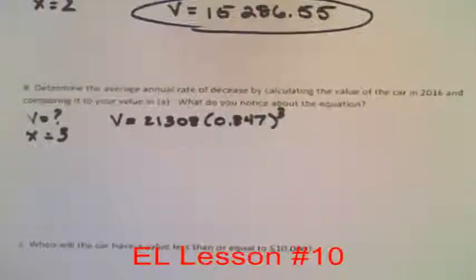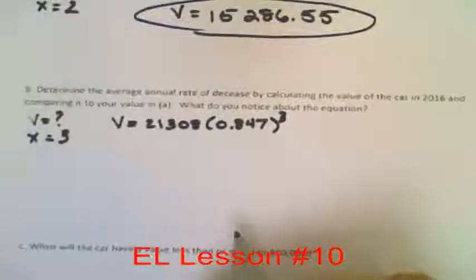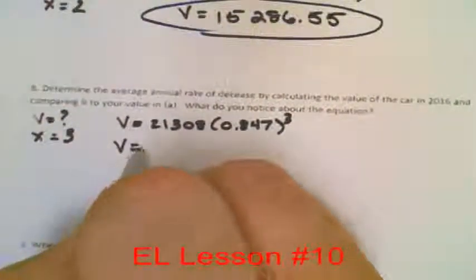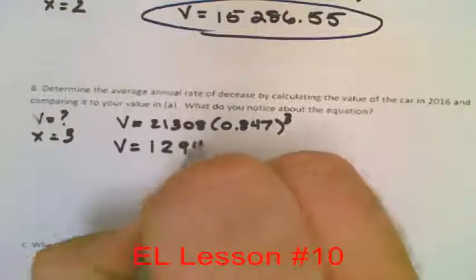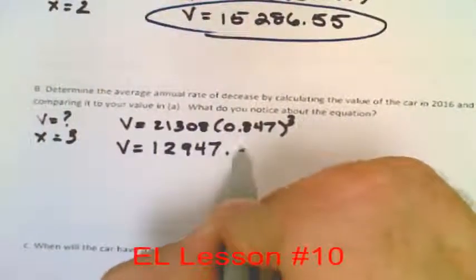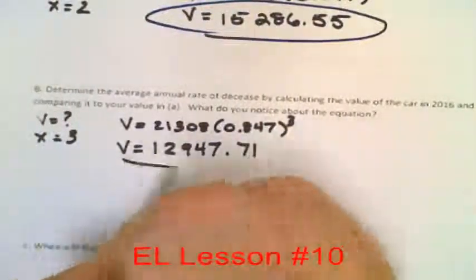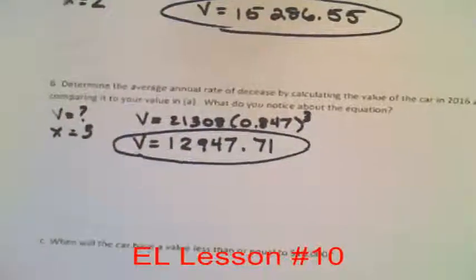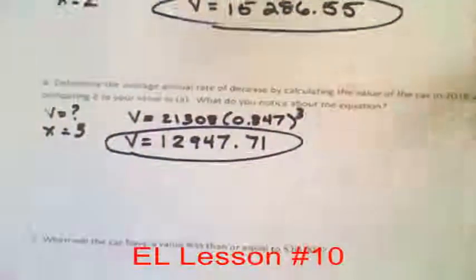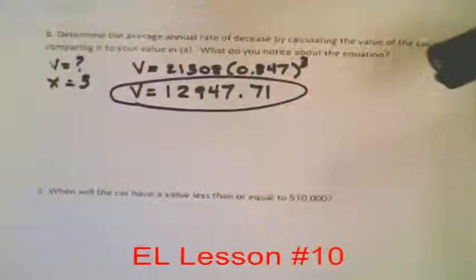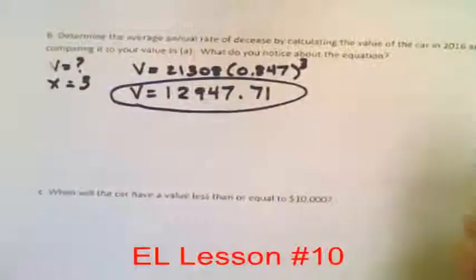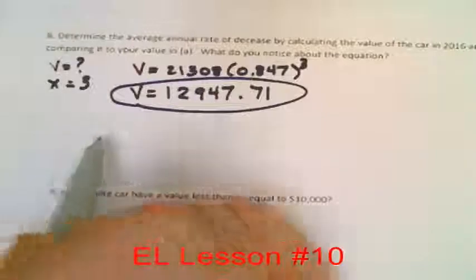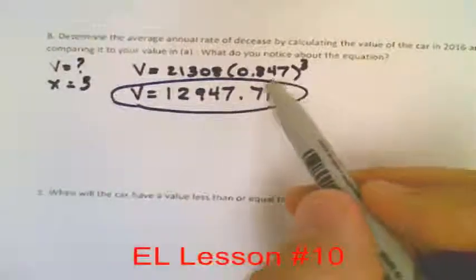Okay. B, determine the average annual rate of decrease by calculating the value of the car in 2016 and comparing it to your value in A. So once again, in 2016, I don't know the value, I have the X. In 2016, it's 3 years afterwards. So I'm going to find the value. It's going to be 21,308 times 0.847 to the power of 3.